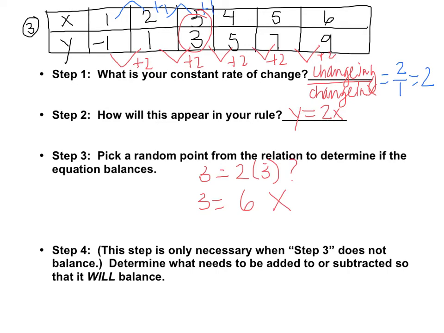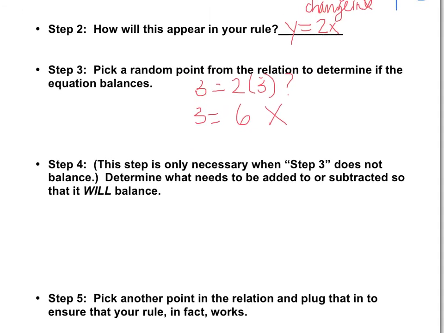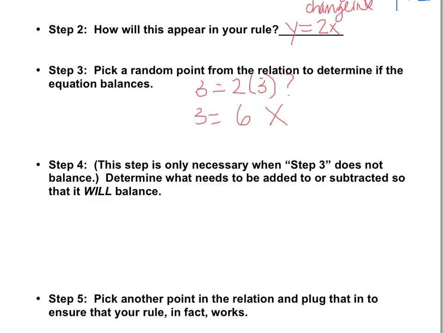So what's going to happen is, now you have to decide what needs to be added or subtracted to the end of this rule in order for this to balance. Well, if we look at what we got, 3 equals 6. What could I add or subtract to this 6 to get it to balance? So what would I have to add or subtract to get that to be 3?